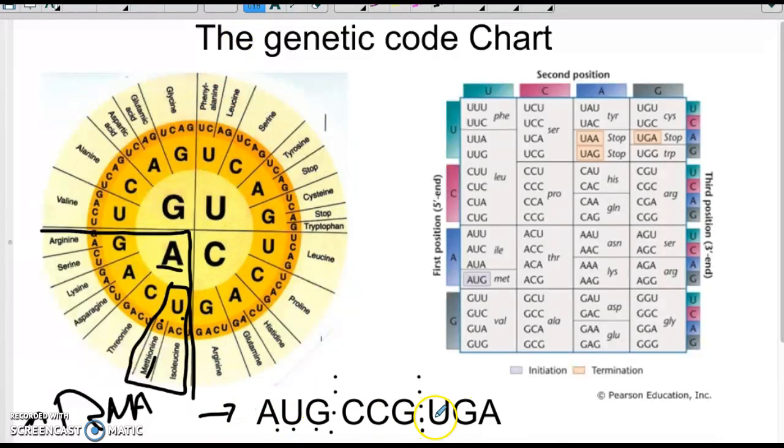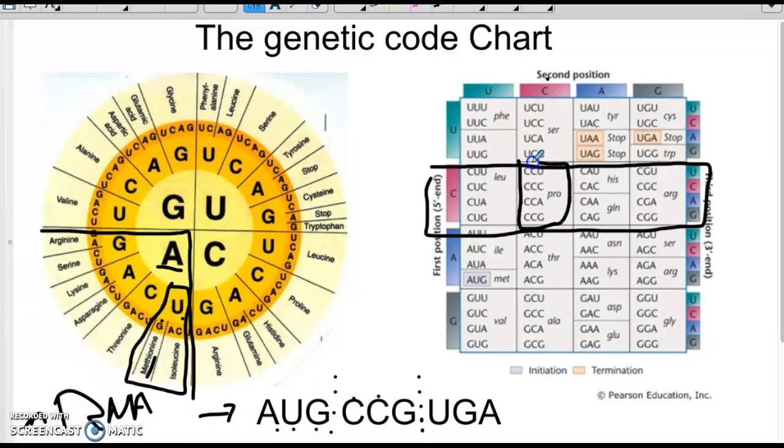Then we'd have CCG as the next codon. Over here, this is our first letter, C, so we're going to be working in this column only. The second letter would be this letter up here, so now we're just working with this bracket, and then the third letter would be over here, which would be G. So now this would be the codon, and Pro would be the amino acid, proline.